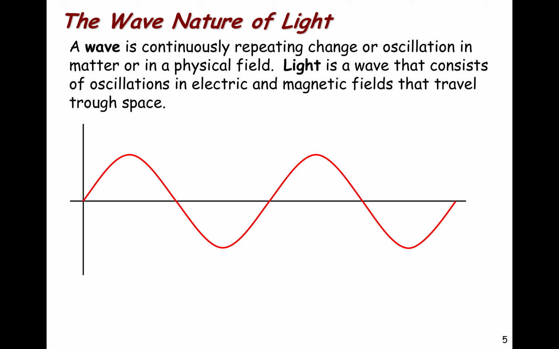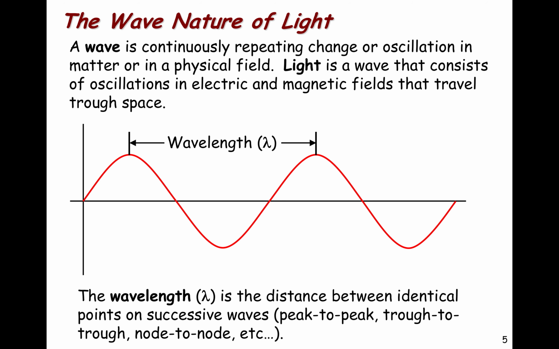Shown here is a plot of a sine wave that is actually not moving, but to characterize this wave, we can measure the distance between the crest and the crest. This is called the wavelength and is given the symbol lambda.